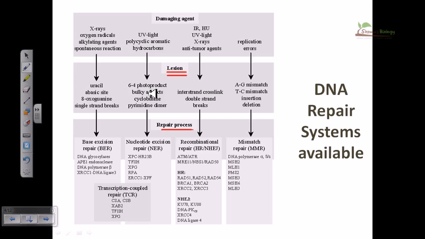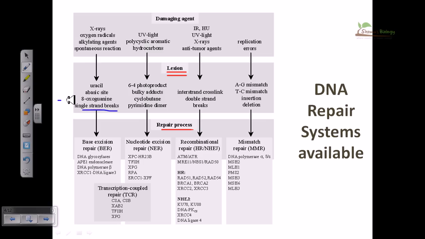We'll see this all. Now the damaging agents could be X-rays or oxygen radicals or alkylating agents and all these things, or any kind of spontaneous reactions that are going on. Now as a result, it can create uracil, abasic sites, 8-oxoguanine, and single strand breaks. So as a result of these X-ray radiations or oxygen radicals, which are very dangerous, you know, and alkylating agents, they all can create single stranded breaks.